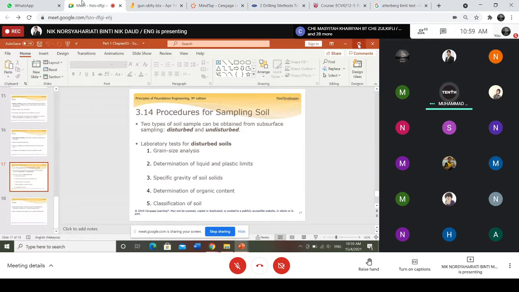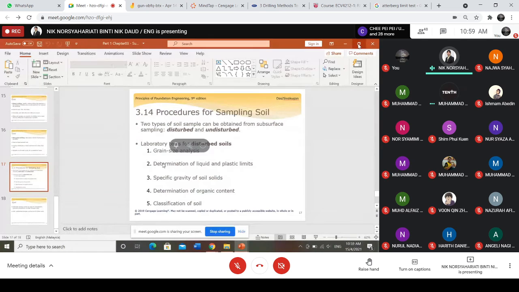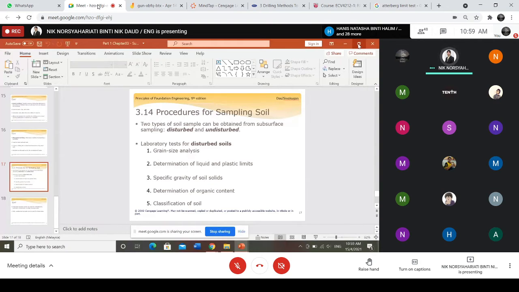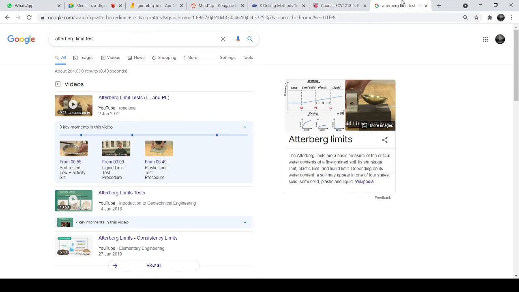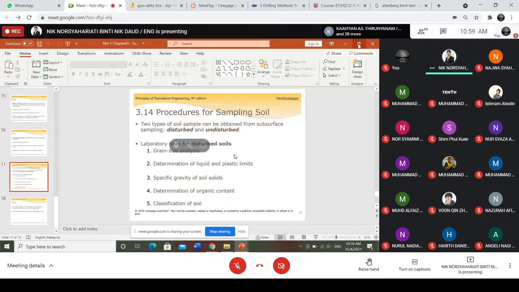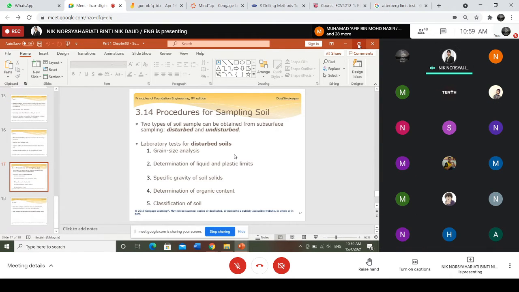We need to measure the water content. In terms of what type of test? Liquid and plastic limits, yes. The combination of both, liquid and plastic limit, is the Atterberg limit. And of course we need to find the water content, because you want to know the limit for each state of your sample.